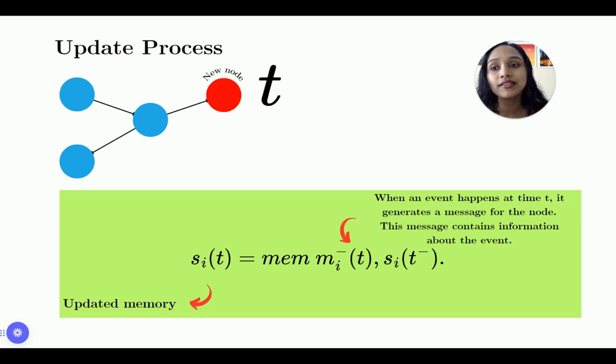If we are using this TGN in some financial institution's projects, then we can use this memory update for analyzing the behavior of that user in making transactions or repaying the loan, etc.